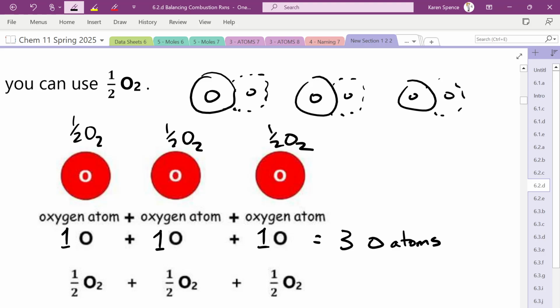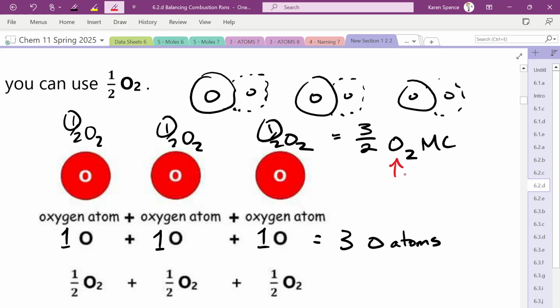How many halves is that? 1/2 and 1/2 and 1/2 is 3 halves O2 molecules. So these two are the same. So if you want 3 oxygen atoms, you can use 3 halves of an oxygen molecule.